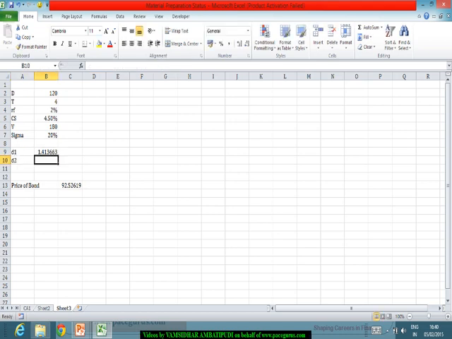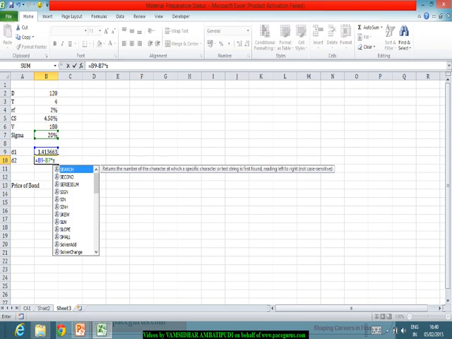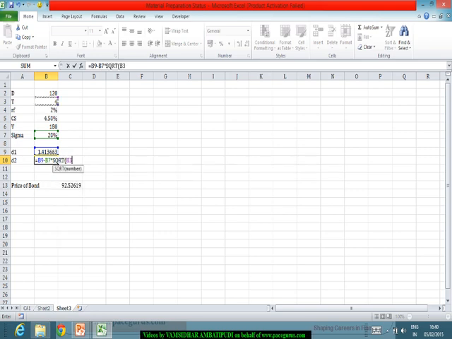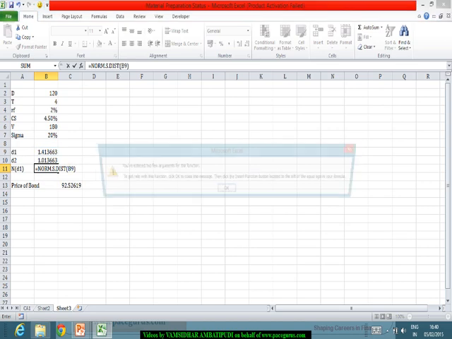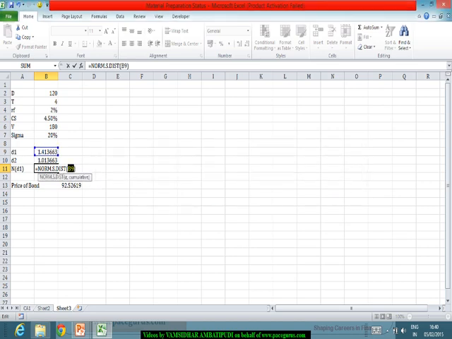d2 is working out to d1 minus sigma into square root of T. This is coming out to d2. Then N of d1 comes out as NORM.S.DIST corresponding to d1, working out to 0.92.